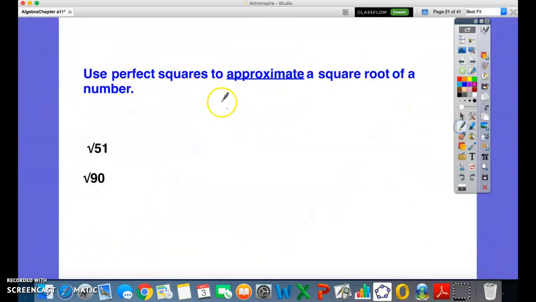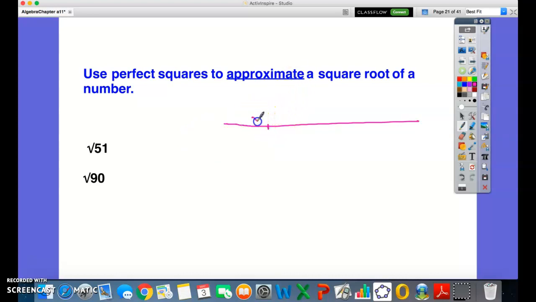Now let's use perfect squares to approximate the square root of a number. So let's say that's a number line, and we need to approximate the square root of 51. So find the perfect squares closer to 51. What are the perfect squares closer to 51?